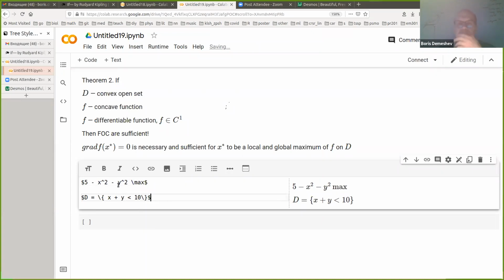Then it's okay, because my function is concave, my function is differentiable, and my set D is a half plane, so it's convex and it's an open set. As my inequality constraint is strict, theorem 2 is applicable. Okay?